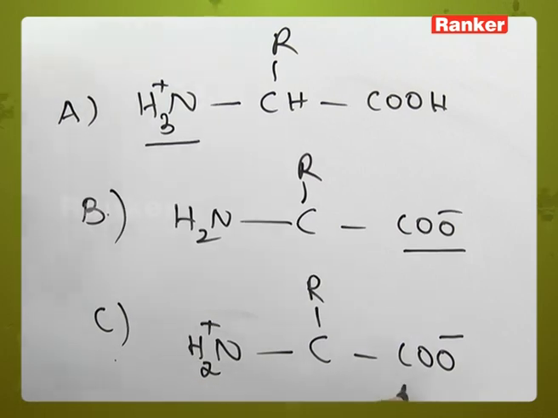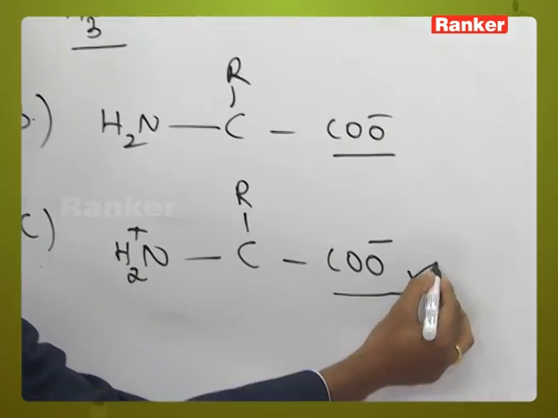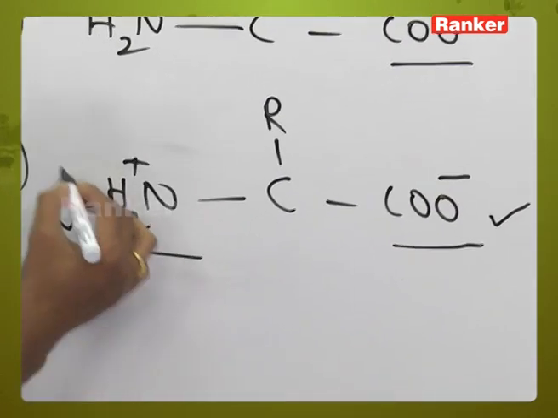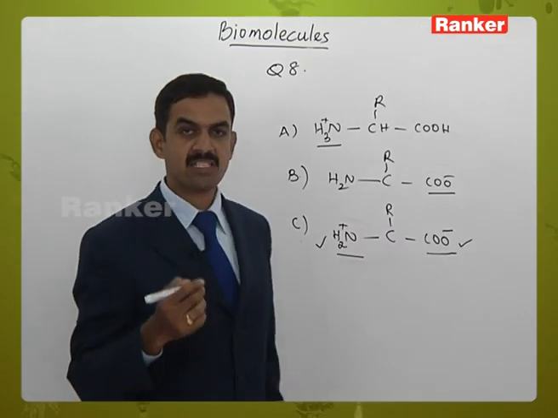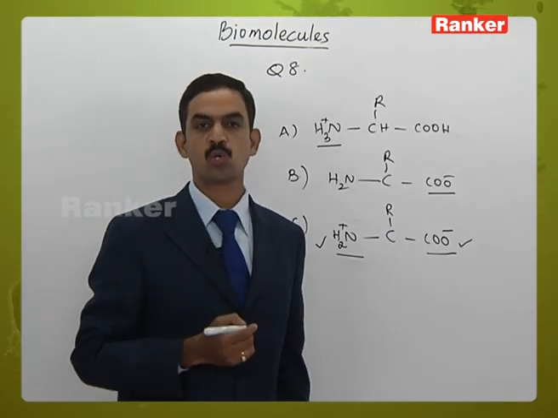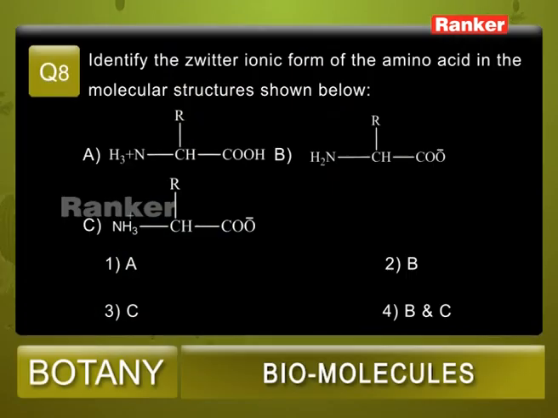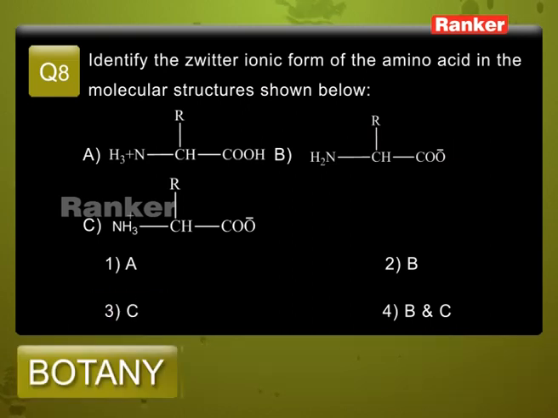Whereas in the third one, COO minus, that is a negative charge, and also NH2 plus, that is a positive charge. Both negative and positive charge are present, so we call this C a Zwitter ionic form. So question number 8, the correct answer is C, that is option number 3.